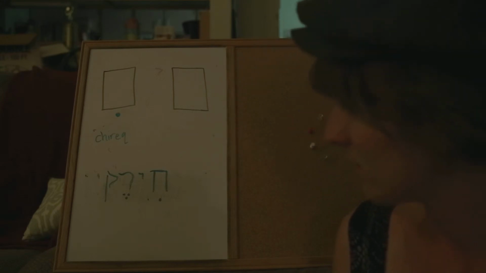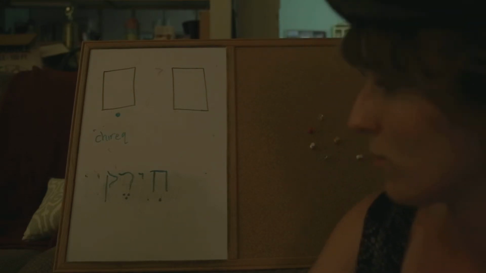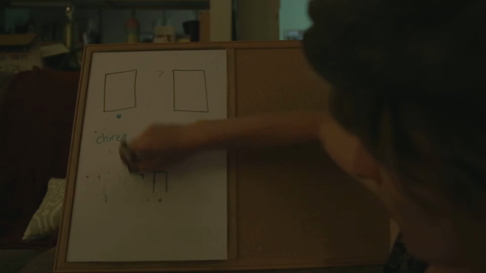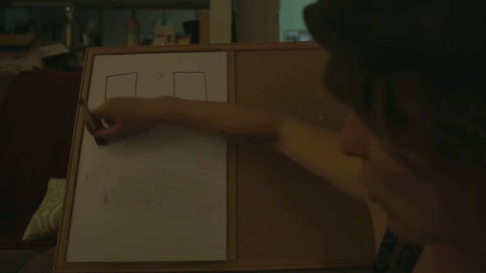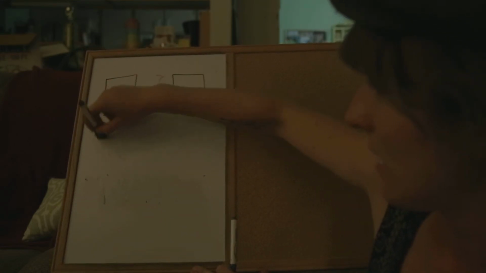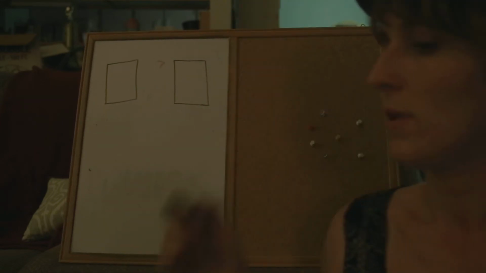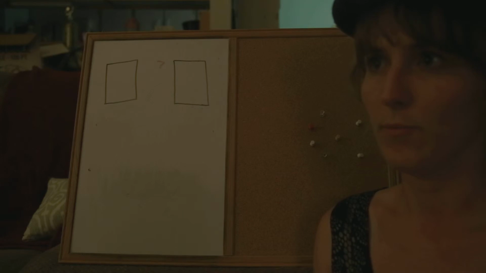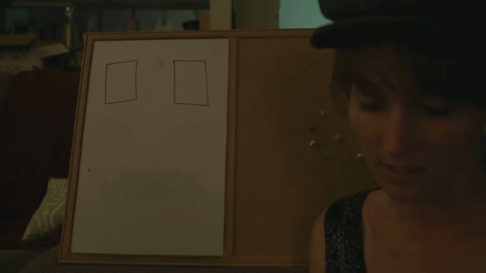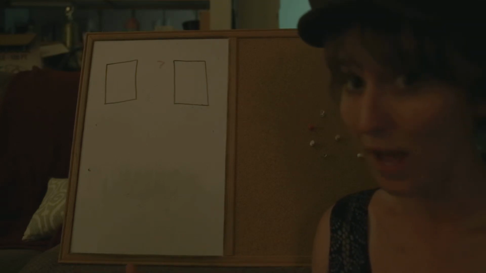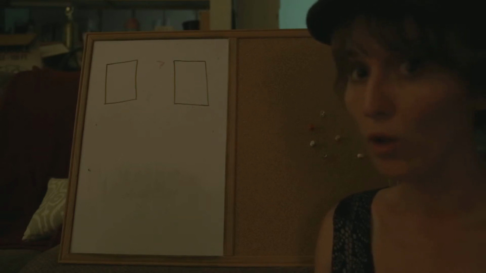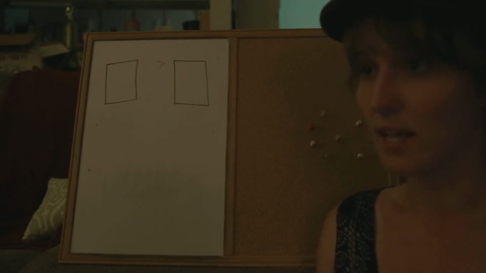Okay, and then we have the O sounding vowel point. That's called a cholam. So it kind of makes it easy. In each name, it has the vowel point in it, or the vowel sound in it. So kametz, patach, segol has the e sound.